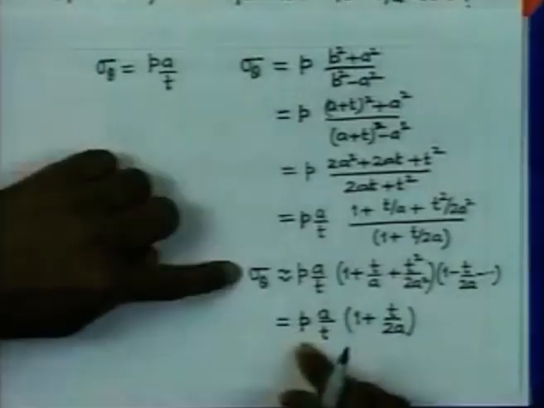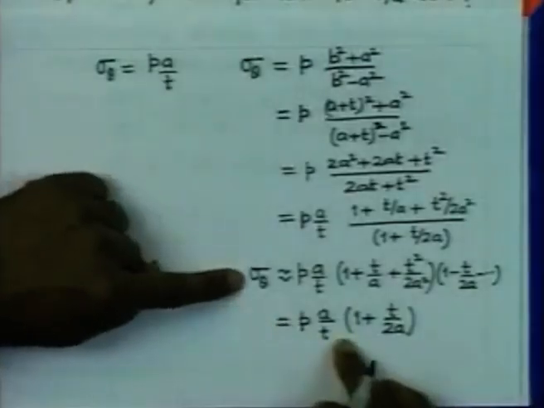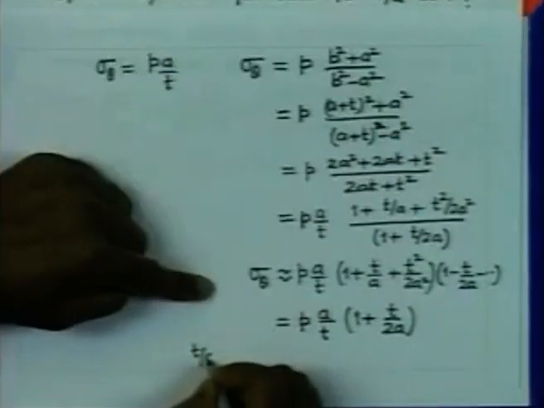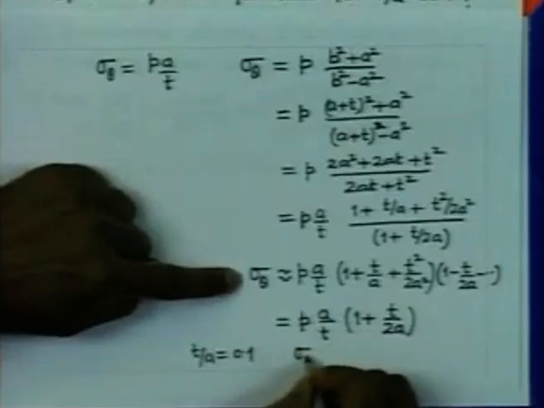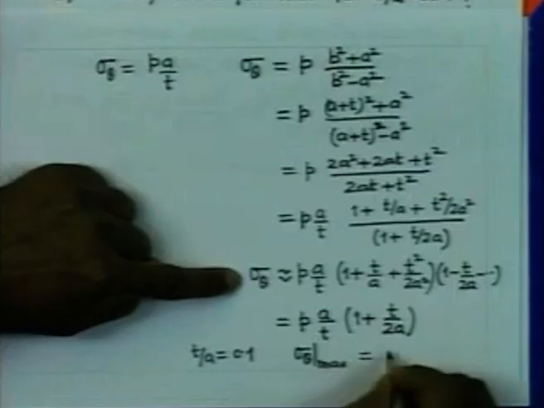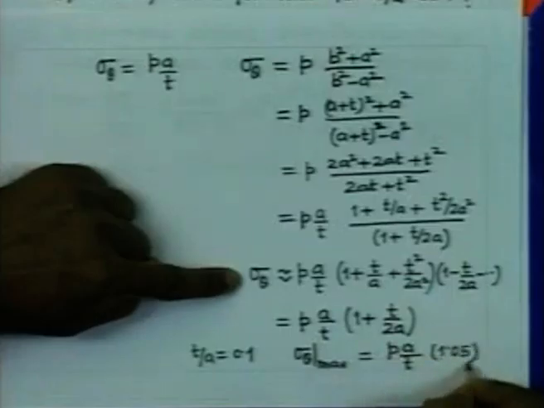So, when you try to calculate the maximum stress for T by A equal to 0.1, then we get this maximum stress sigma theta maximum is equal to P A by T multiplied by 1.05.